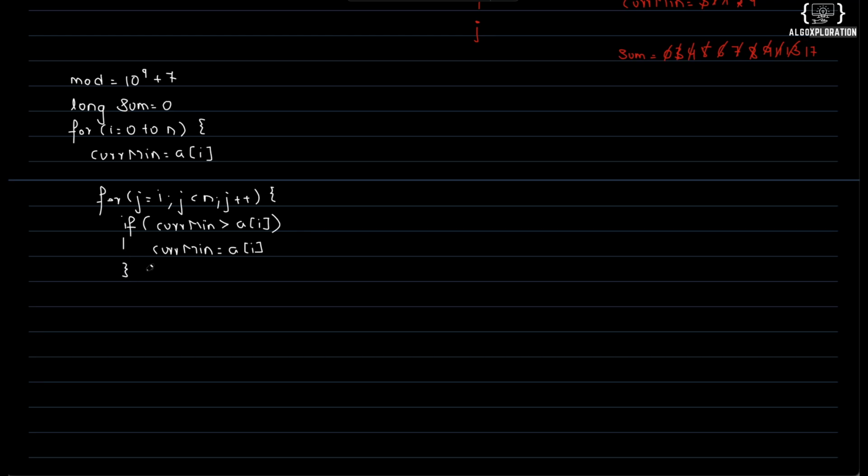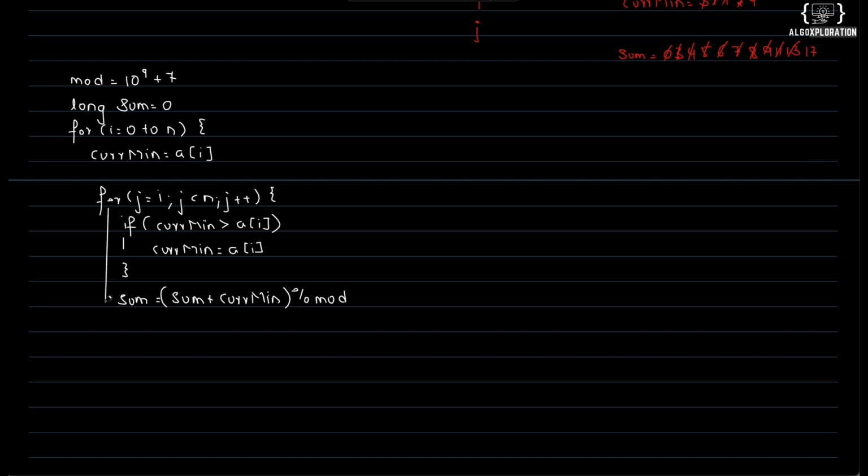Now after that, every time we need to have this sum. So sum is equal to sum plus current minimum. And as we know, we need to always do modulo. So mod. And that's it, we are done.